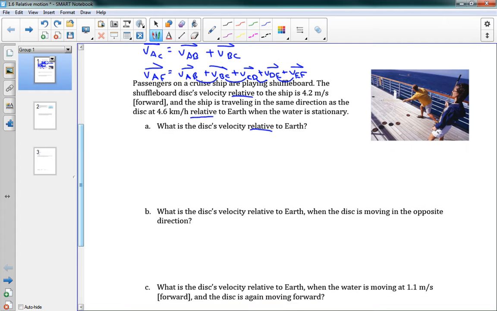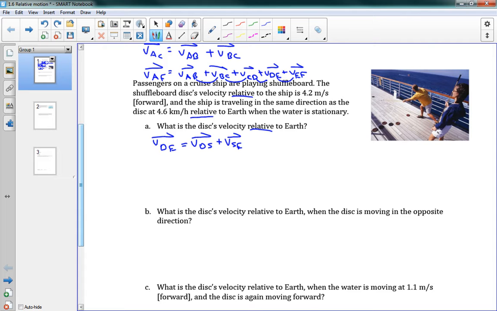Okay. So the way we do this is we can say we want to find the velocity of the disk relative to Earth. So you see that I'm just using the letters D and E for disk and Earth. Well, this is going to equal the velocity of the disk relative to the ship, which we have, plus the velocity of the ship relative to the Earth.